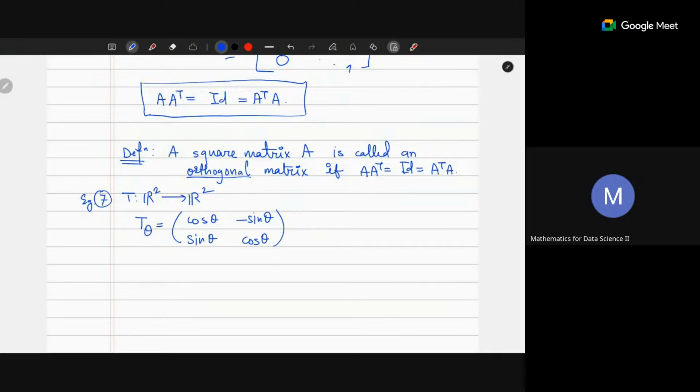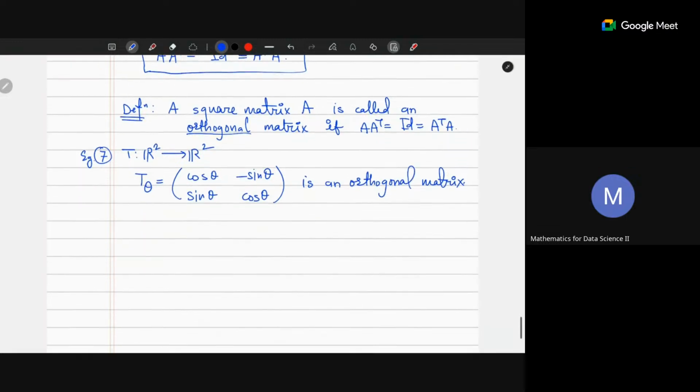So you can check that this is an orthogonal matrix. Okay. So what is the transpose of this?